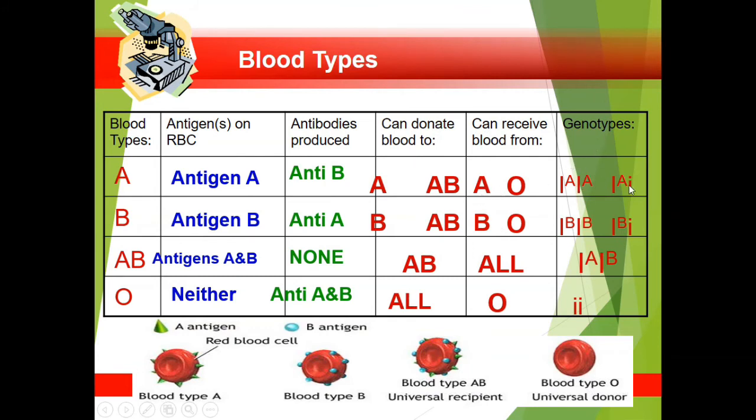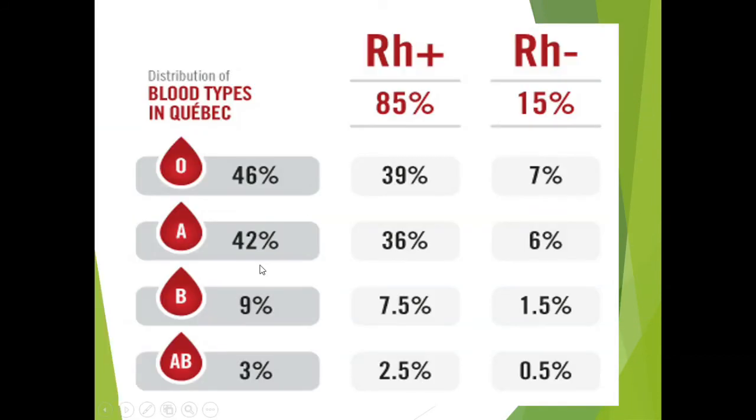Okay, distribution of blood types within a population. Here we can see the most abundant blood type is blood group O at 46%, while second is blood group A at 42%, and B blood group is 9%, while AB is the most rare at 3%.